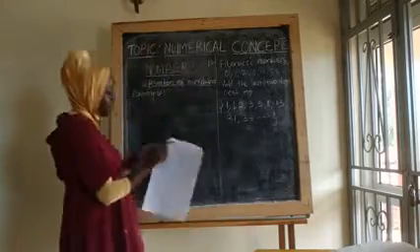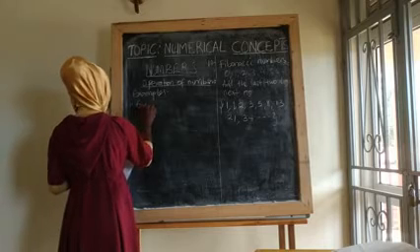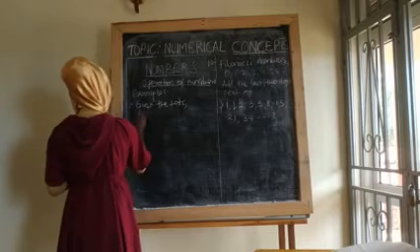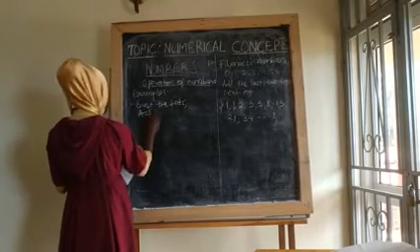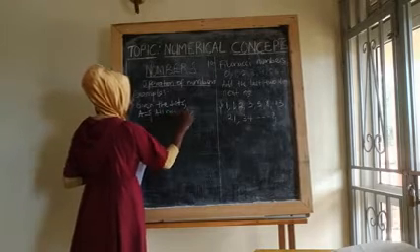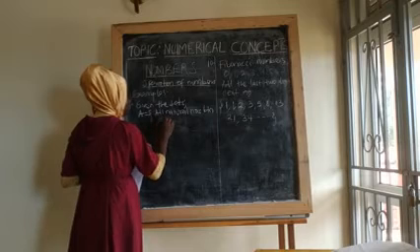And our first example says, given the sets, I have set A, and my set A is simply all natural numbers between 10 and 30.